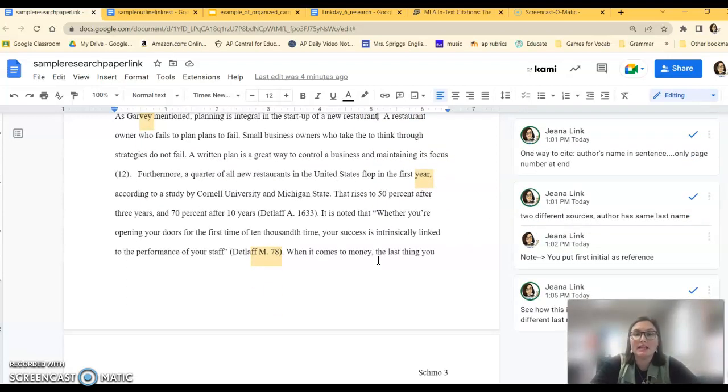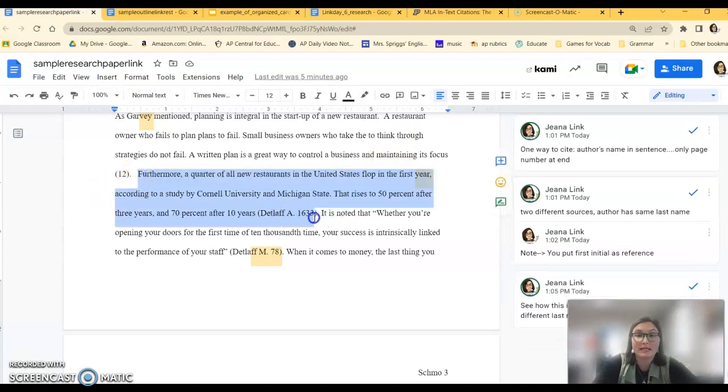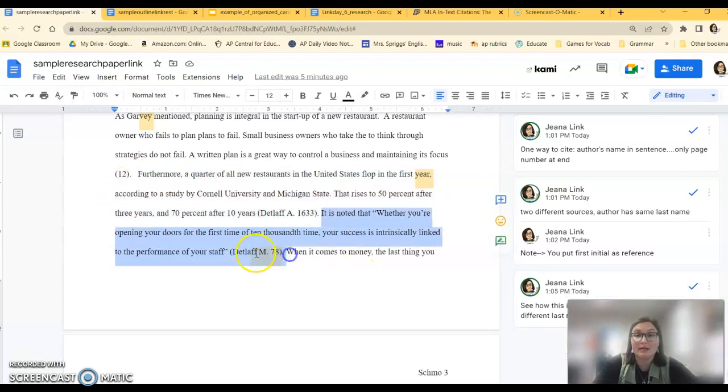Now, what happens if you have two different sources and it just so happens that the author's last name is the same? Well, that's what's happened here. Okay, so this information comes from Detlef, but this information that I put right behind it also comes from Detlef. You'll notice though that they are different Detlefs.